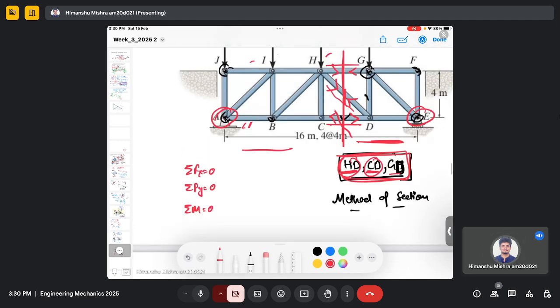let us actually first calculate the reaction forces.